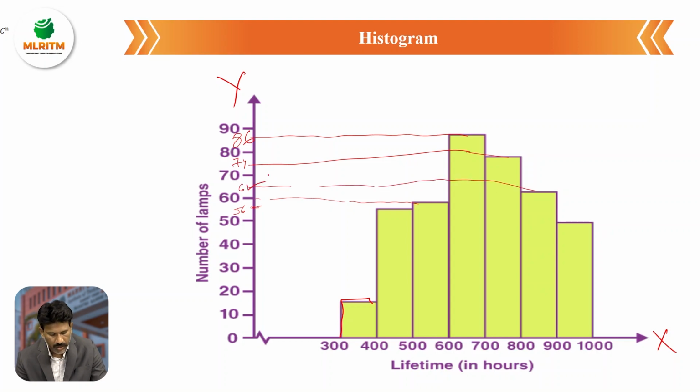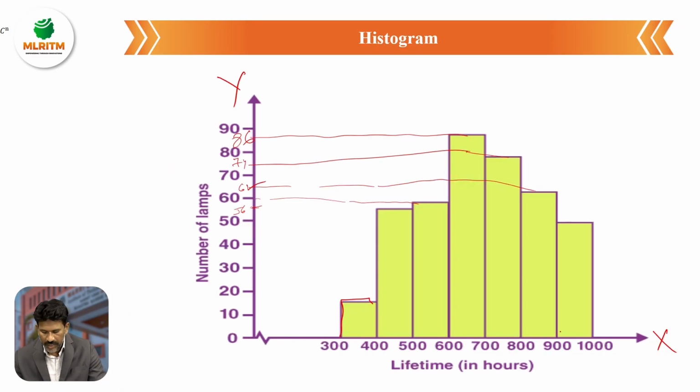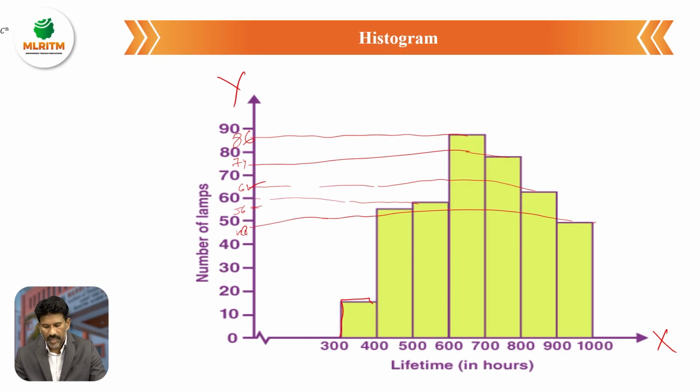So 62 is here. If you see 900 to 1000, 48 is presented in between 40 to 50. So 48 is here. So based on this table and these two fields, we have to draw this histogram. In this histogram, the x-axis shows the lifetime and the y-axis shows the number of lamps.